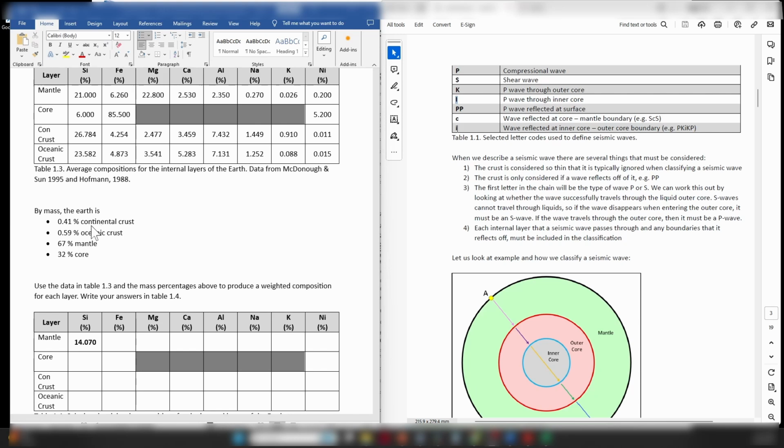And the difference between these two is essentially a result of the fact that the continental crust and the oceanic crust have different densities. So oceanic crust is mostly made up of denser basalt, whereas continental crust is mostly made up of, comparatively speaking, lighter granite. So you could also say, hold on, isn't there more oceanic crust than continental crust?